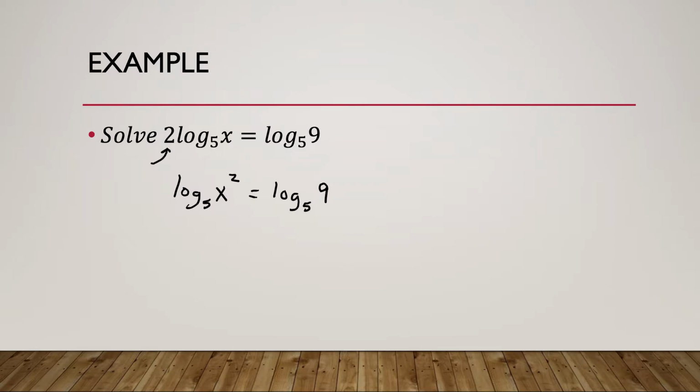Now, if you look at what's left, in order for these things to be equal, they have to be equal in every position. So they both have to have the word log, which they do. They both need to have a base of 5, which they do. And then finally, this part needs to equal this part.